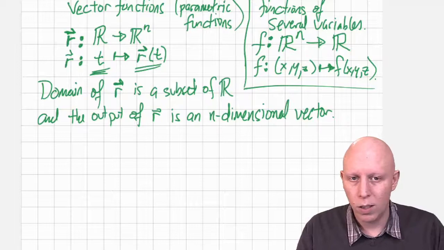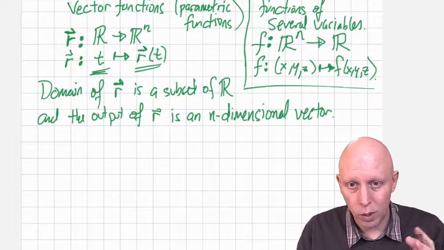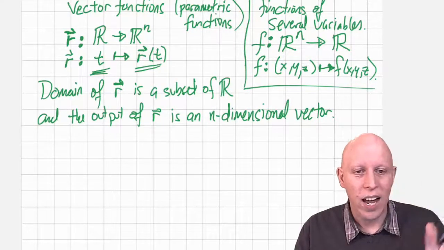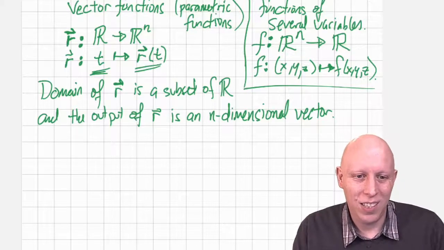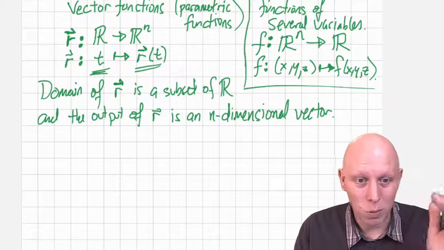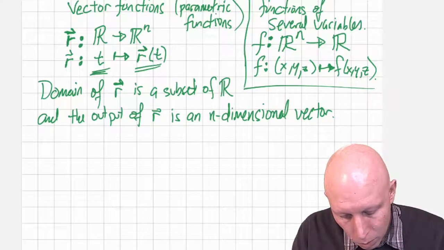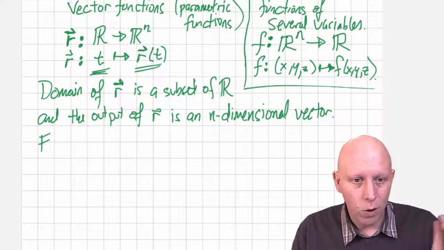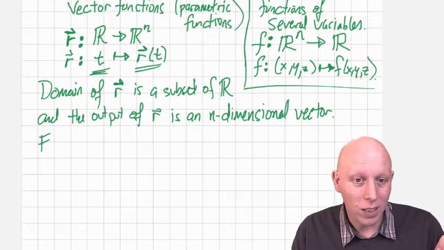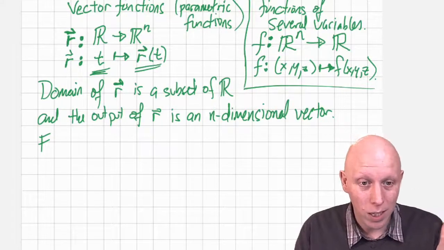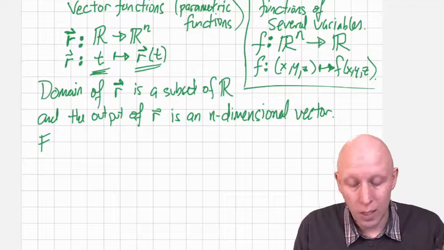This works in any dimension. We can make this vector be in 2-space, 3-space, 4-space, 5-space. It can be any size. But we'll mostly focus on n equals 2 and n equals 3 because those we can draw.